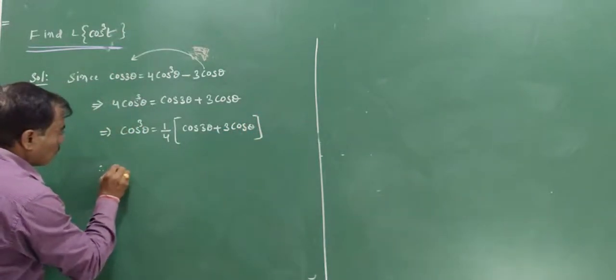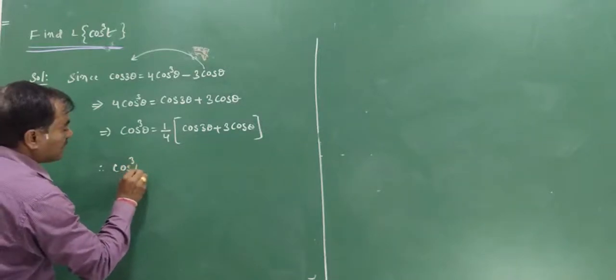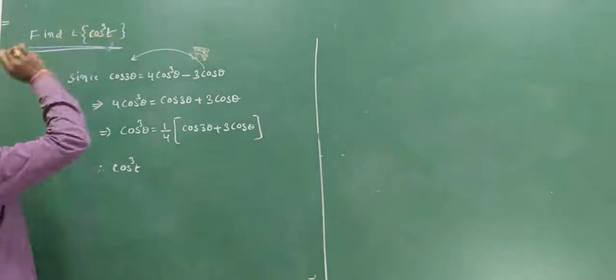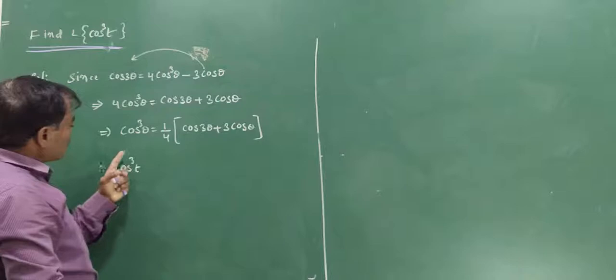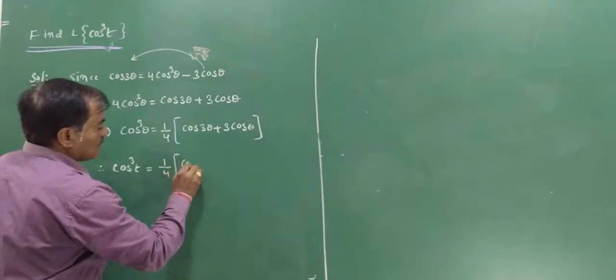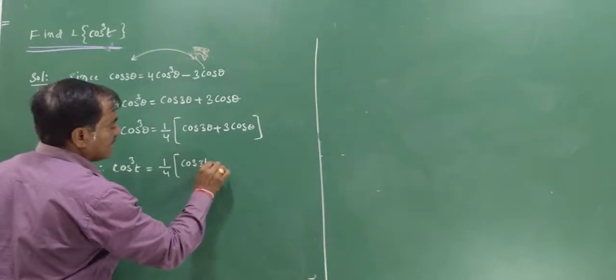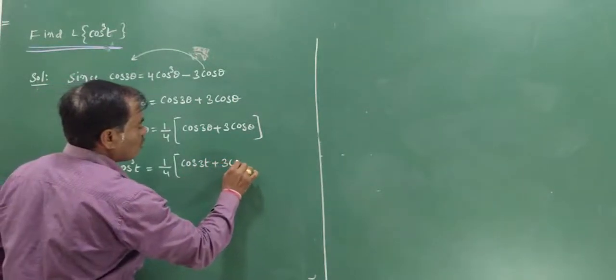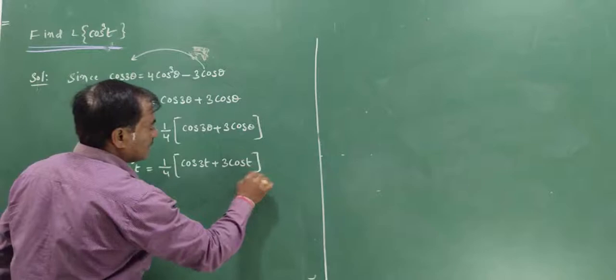So therefore cos cube t equals, because the given question is in terms of t, 1 by 4 of (cos 3t plus 3 cos t).